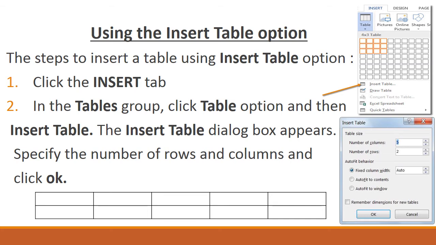Now we just have to enter the number of columns and number of rows. For example, this time 5 is selected for columns and 2 is selected for rows. So you can see a table of 5 columns and 2 rows is inserted on your slide.